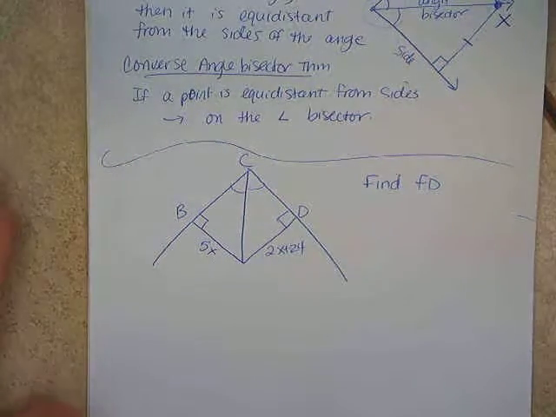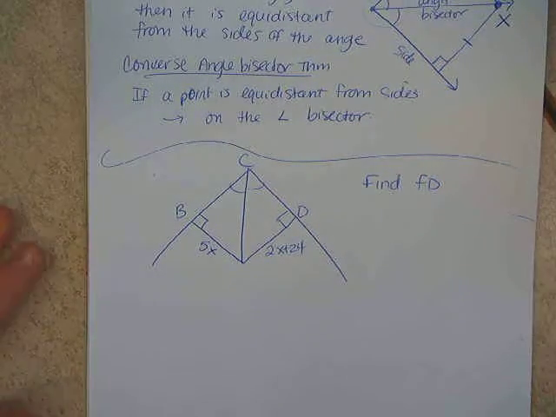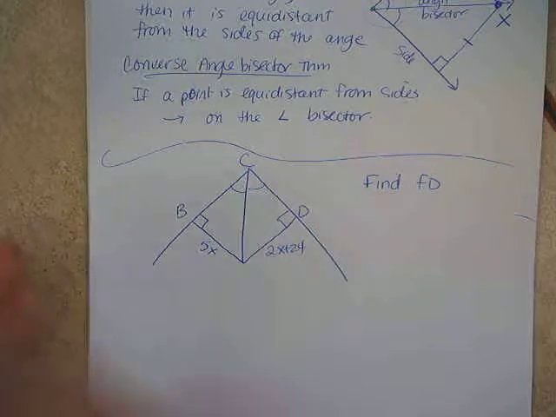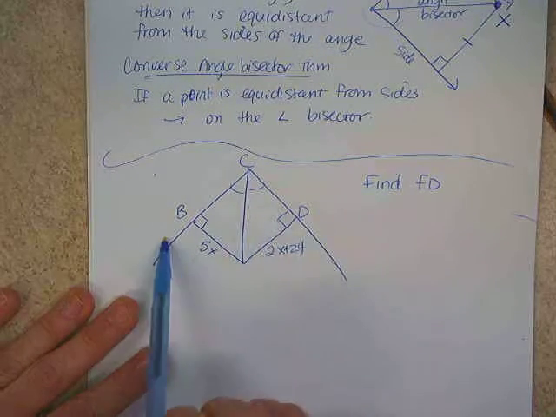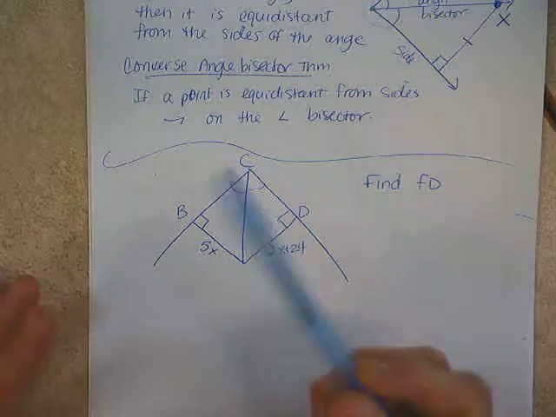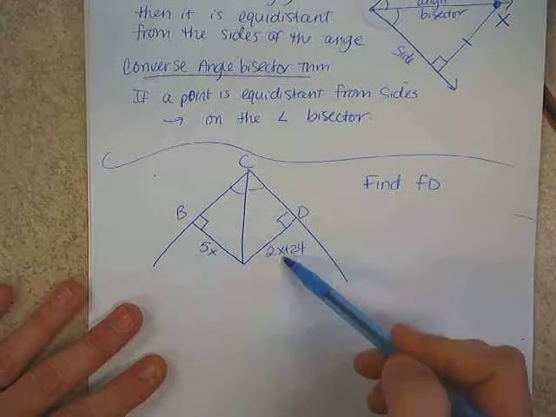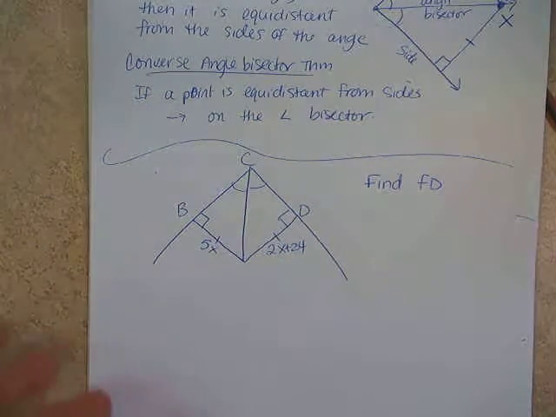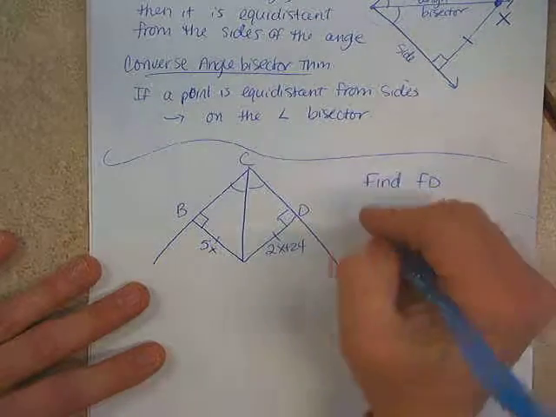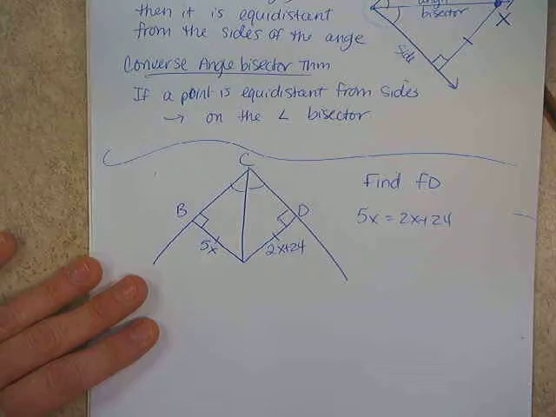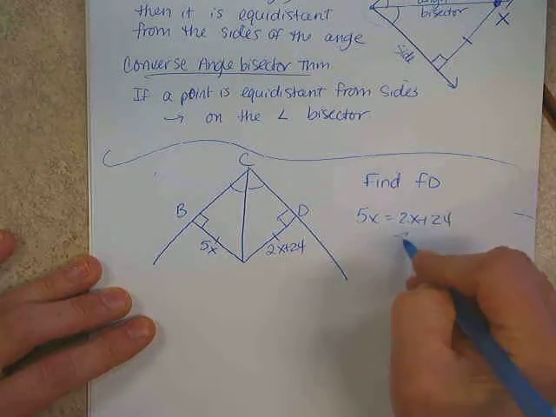Okay, if we are finding the length of FD, remember without any notation with it, they're talking about length. In order to find FD, you have to figure out what X is first. Now remember, those and the right angles, the buy one, get one free part, kind of buy two, get one free, gives us these being congruent. So if those are congruent, at that point you can set them equal.